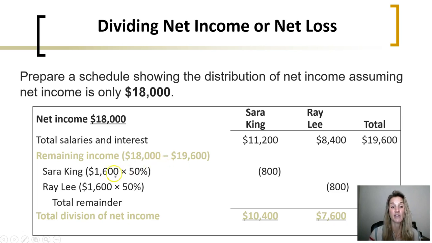That means we have a $1,600 deficit that we need to allocate. Thus, we will take the $1,600 deficit and spread it equally amongst the partners. So we will reduce the amount of income that they are being allocated by that $800 each, or $1,600 in total.